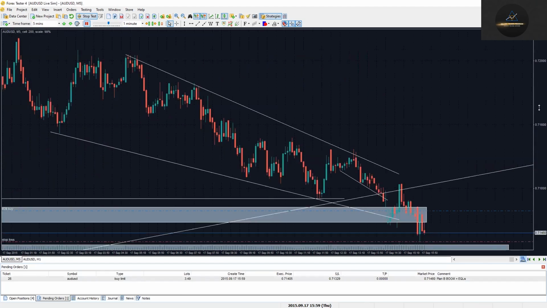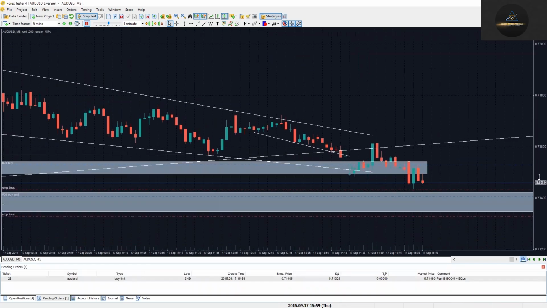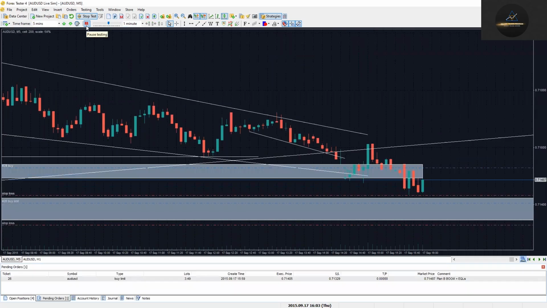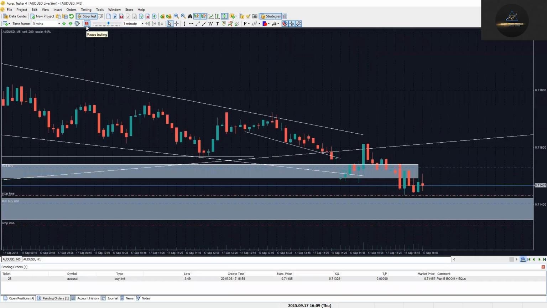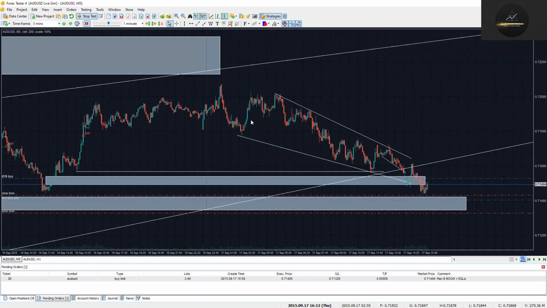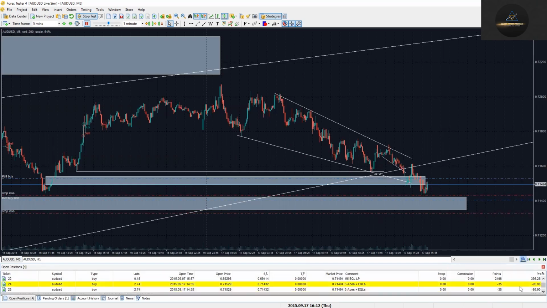Let's go to the 5 minute. I might actually just exit this trade, the trade here, just to reduce the loss, because that plan A is basically being stopped.